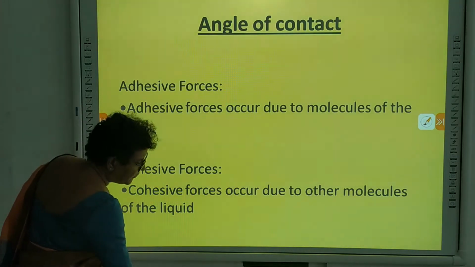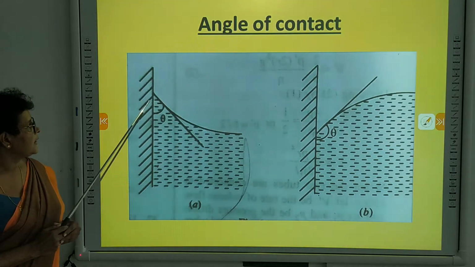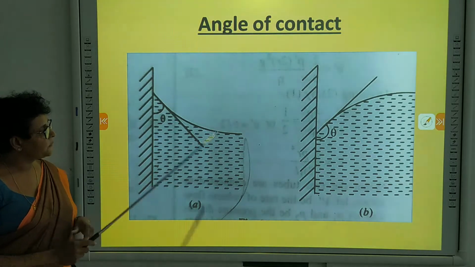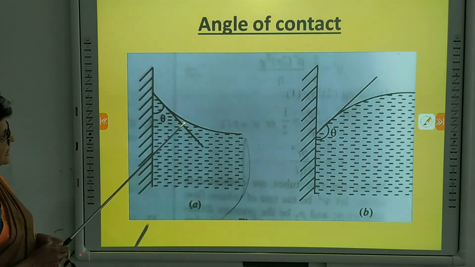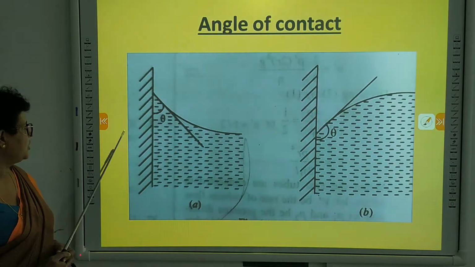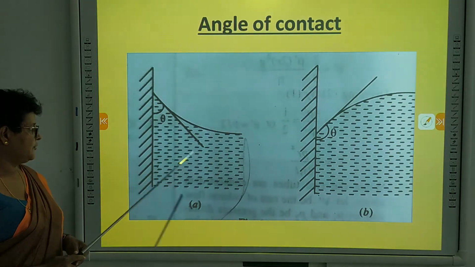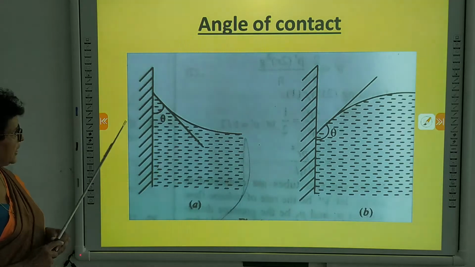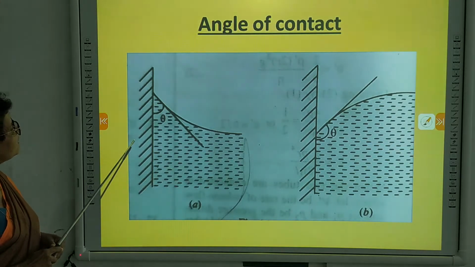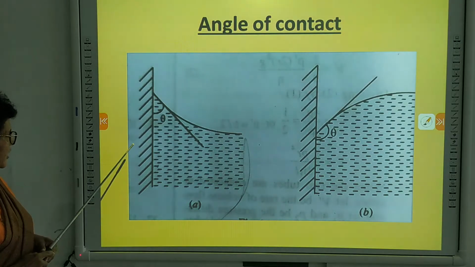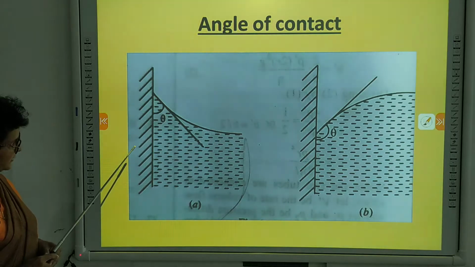And again we have to consider this angle theta, and this angle theta can be decided like this. Here you have liquid, here you have the solid wall. Here, among the liquid molecules, you have a force called cohesive force. Here in the solid glass wall, you have forces that we call adhesive forces.